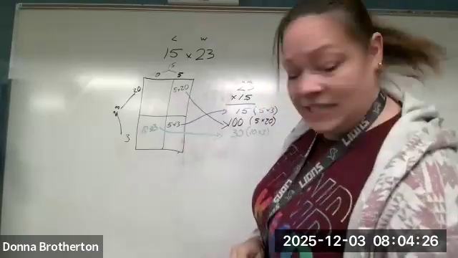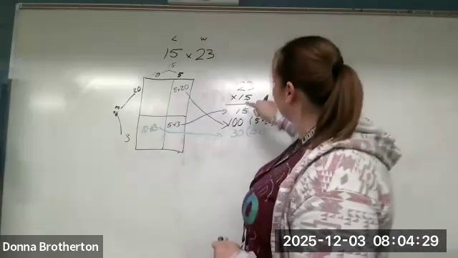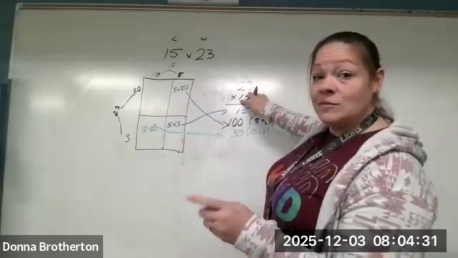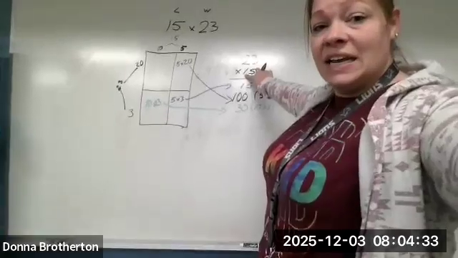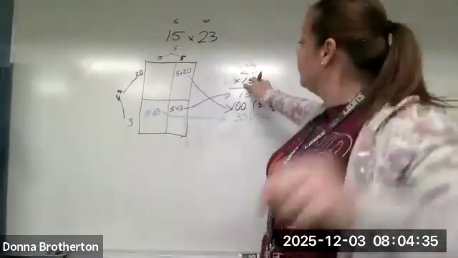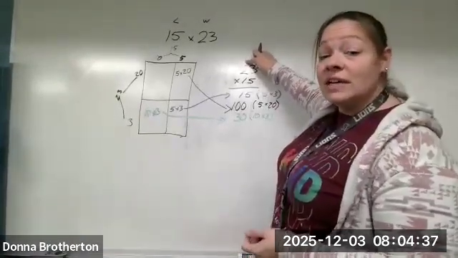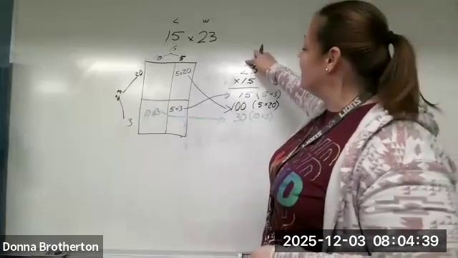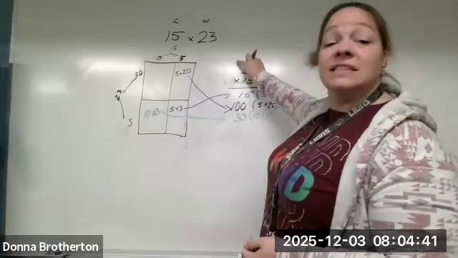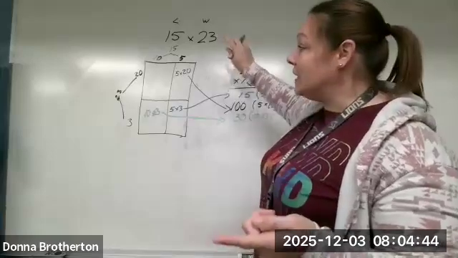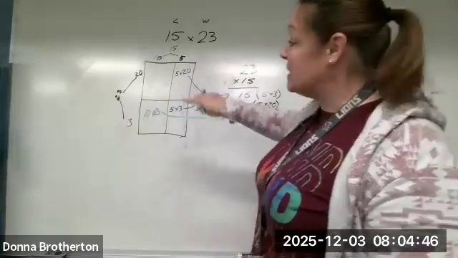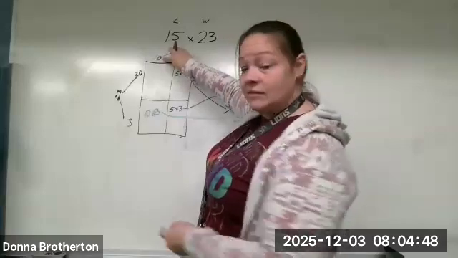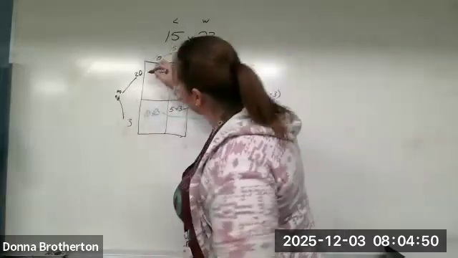And then our last section, I'll use a brown, is this 10, because we know it's in the tens place value, times this 2, and the 2 is also in the tens place value. So it's going to be 10 times 20. Looks like that's our biggest section right here. We have a 10, and we have our 20.